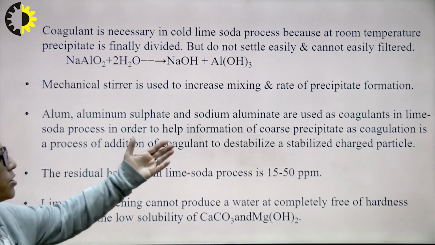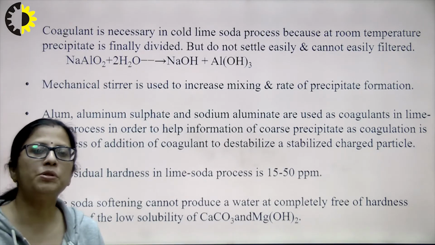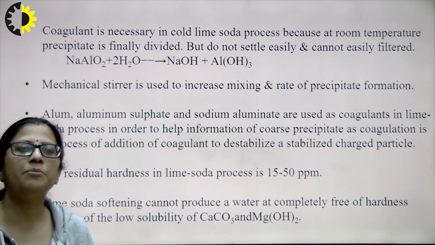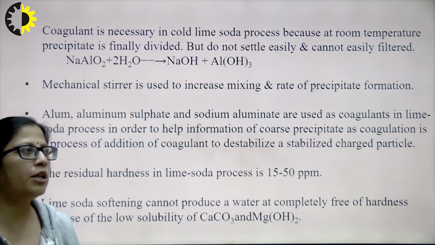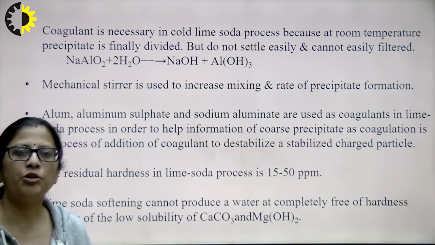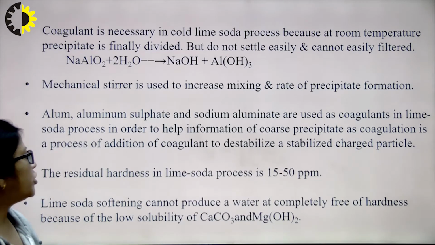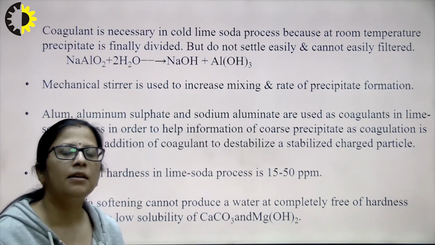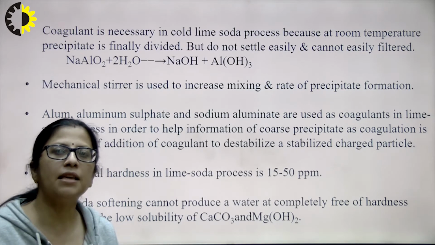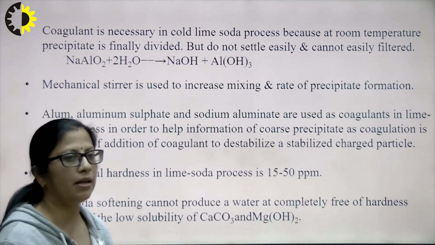Aluminium sulfate or sodium aluminate are used as coagulants in the lime soda process in order to help formation of coarse precipitate, as coagulation is a process of adding a coagulant to destabilize a stabilized charged particle.